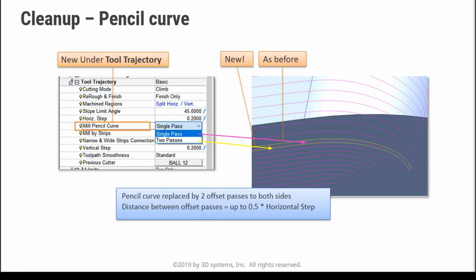There are two options: single pass, which works as it did before, and two passes. The pencil curve is replaced by two offset passes to both sides. In the image to the right, both yellow passes are the outcome of using this parameter set as two passes. The purple pass between is the original single pass. The other motions remain the same.